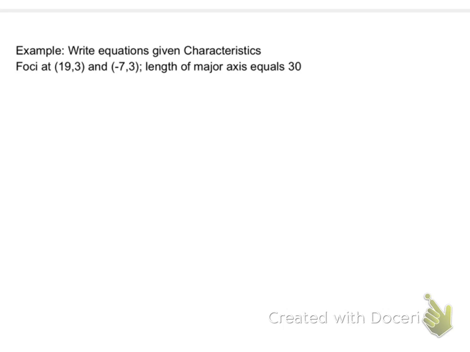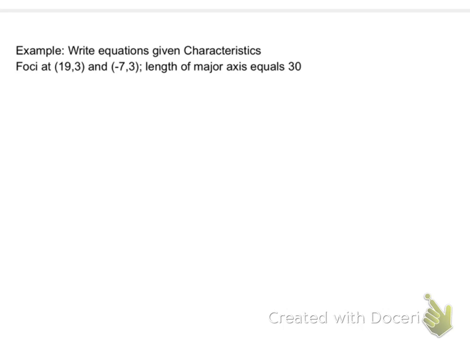You can square those and get those squared values for our problem. Also, if you're given 2 foci, 2 vertices, or 2 co-vertices, you can find the middle, and that will be your center, your H and K. So there's many different pieces of information that you're able to put together to write the equation.